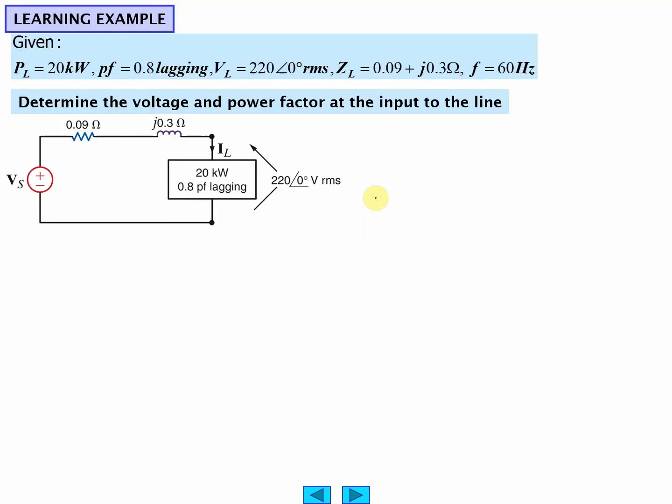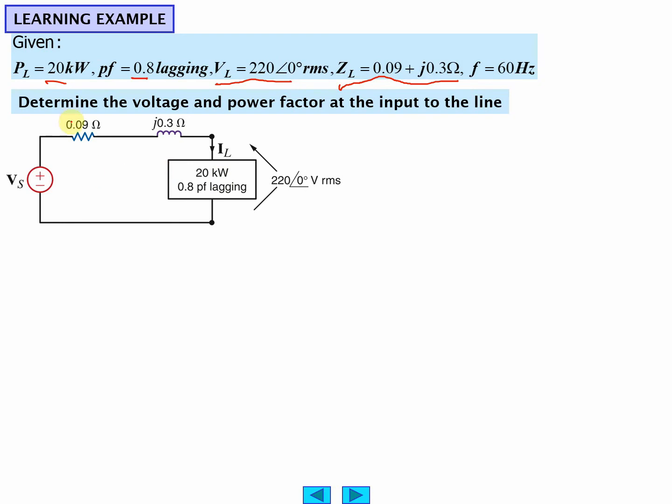Okay, so let's do an example. And we have the load is consuming this much with this power factor, and we want to know, let's see, V_L, the V at the load is 220 volts at 0 angle RMS. The Z is this, and is that the Z of the load?